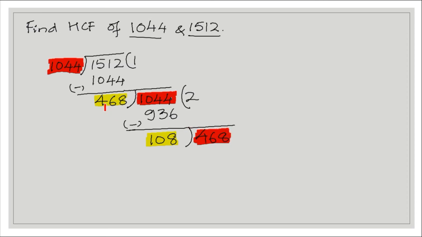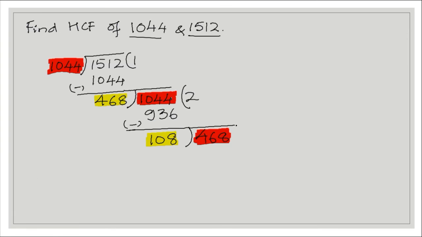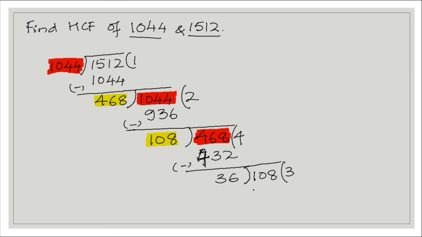This is the earlier divisor. Alright. Now I have to divide this. It goes 4 times and we get 432. Now we have to subtract. I'll be getting 36. Now 36 is the divisor and 108 is the dividend. So 36 3 times exactly is 108. We get the remainder 0.